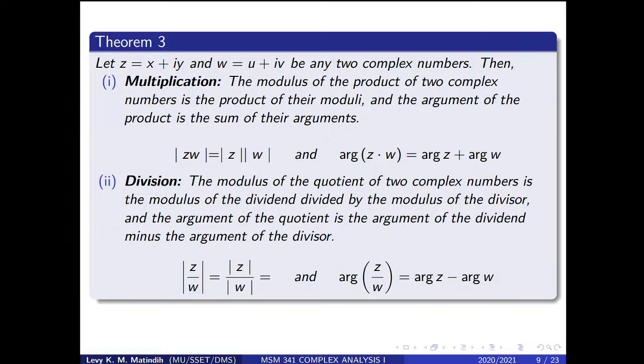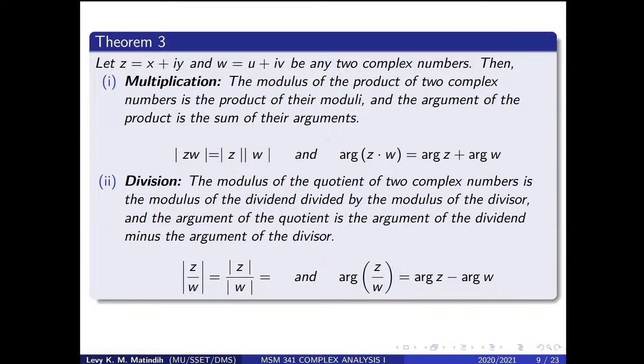So this theorem is saying if we have two complex numbers z, which is equal to x plus iy, and w, which is equal to u plus iv, then under multiplication, the modulus of the product of these two complex numbers is equal to the product of their moduli.